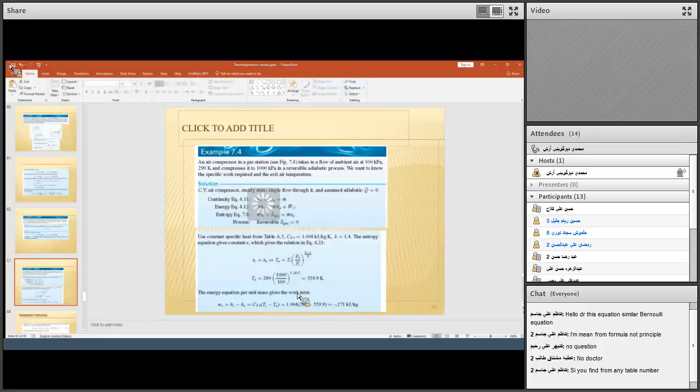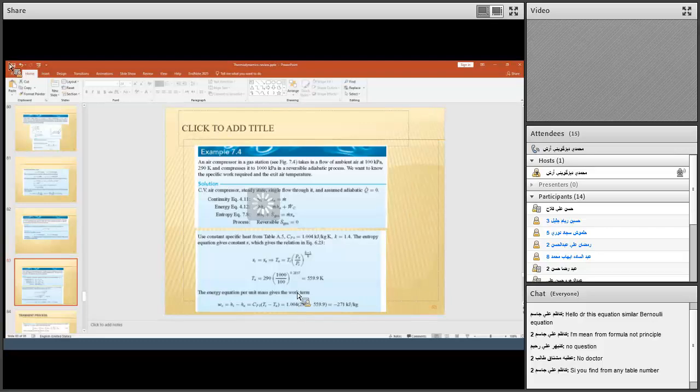So according to the isentropic process, we can consider constant specific heat and k, entropy at exit equal to entropy at inlet. So from the isentropic process, T at exit equals temperature at inlet times pressure at exit divided by pressure at inlet to the power (k minus 1) divided by k. So this temperature is 559.9 Kelvin.